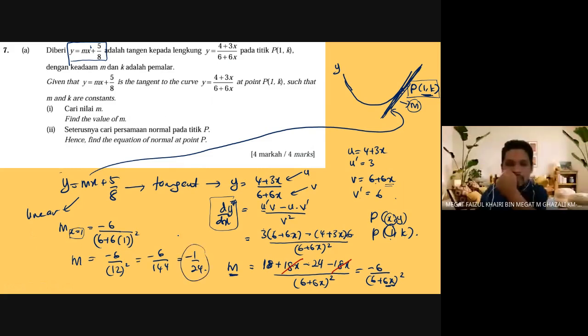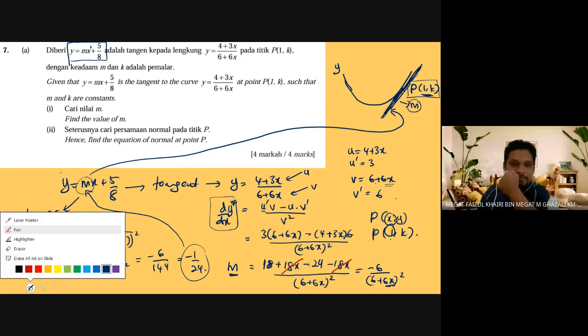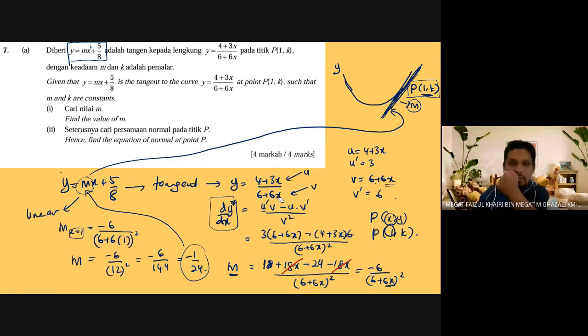Can we just simply substitute here? Can I delete them? Yes, we can simply put negative 1 over 24 because this is the tangent of the curve. Now look at the question carefully.